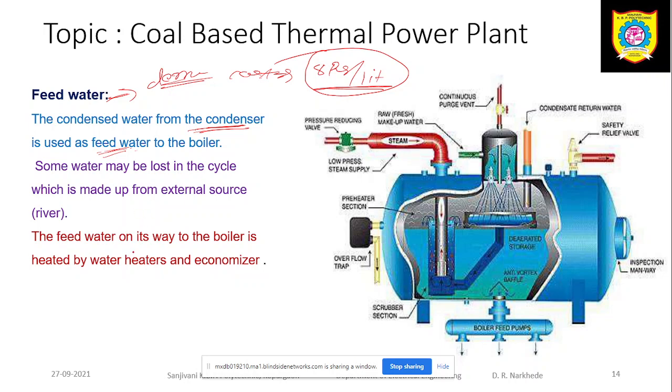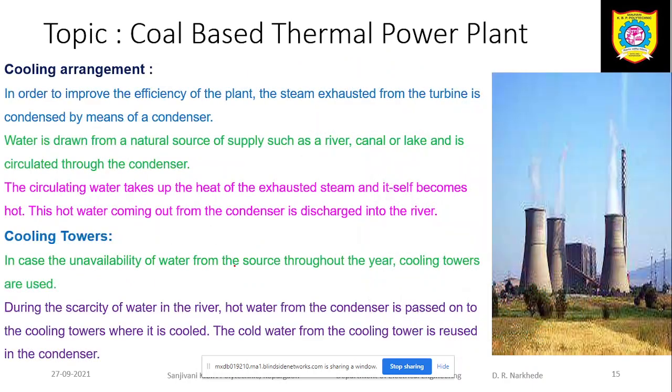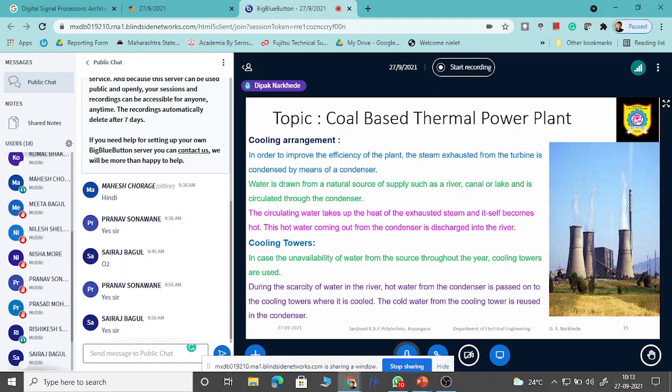The feed water on its way to the boiler is heated by water heaters and economizer. Okay, then cooling arrangement. I think all of you have seen such type of cooling tower. Have you seen such type of cooling tower? Yes, sir. Where you have seen such type of tower?